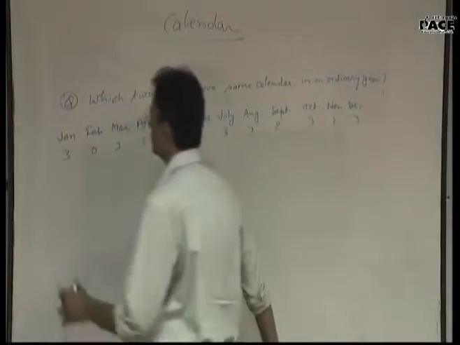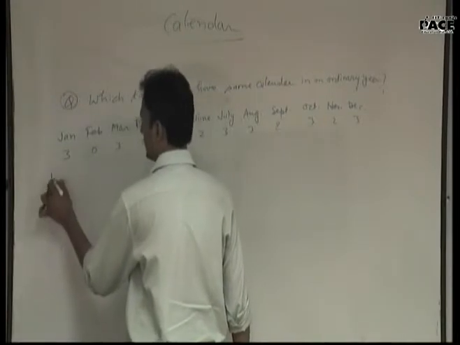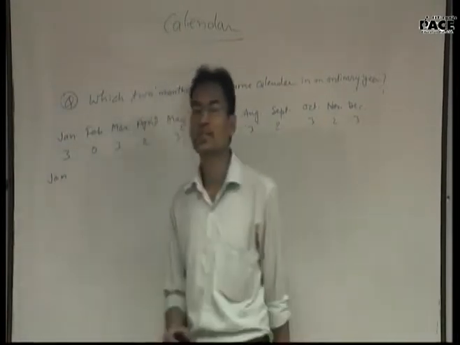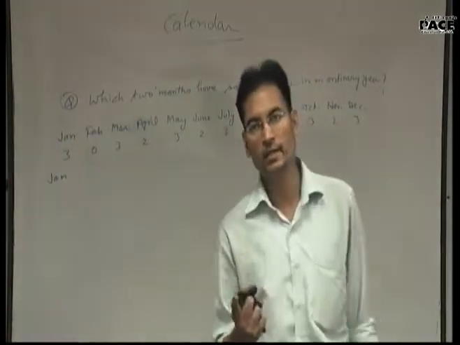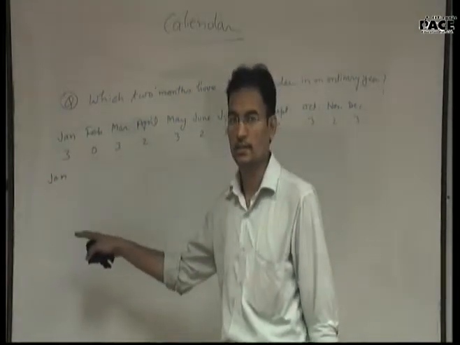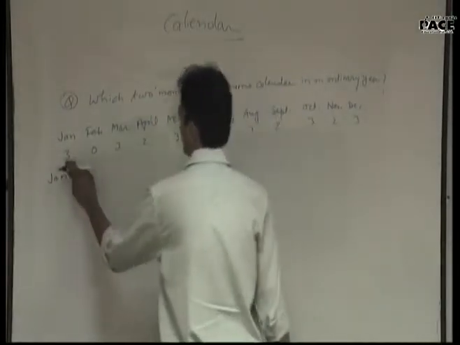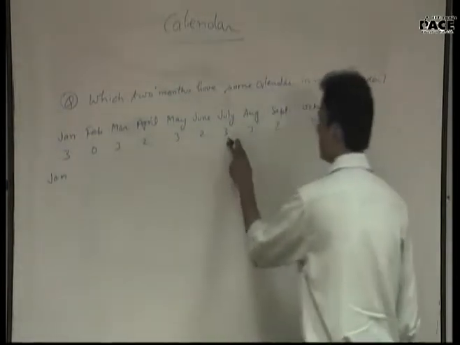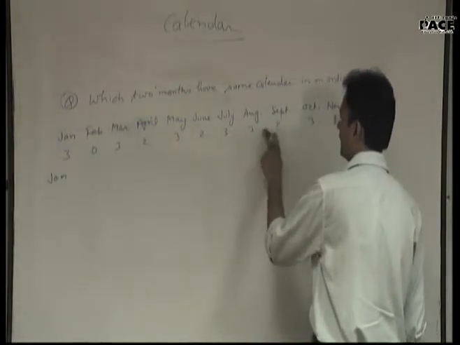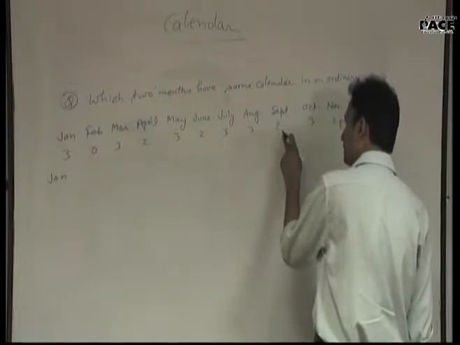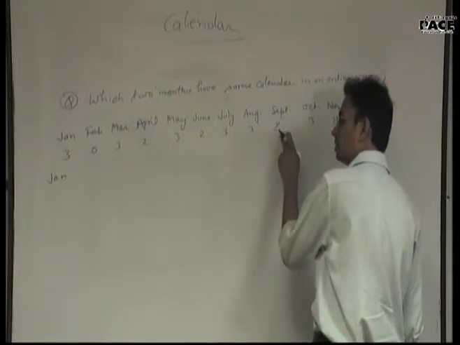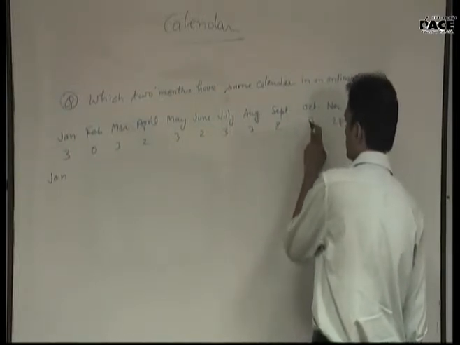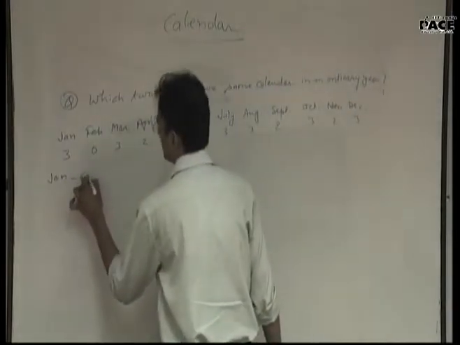Now, with Jan, which next month will follow the same calendar as Jan? Cumulatively 3, 6, 8, 11, 13, 16, 19, 21. So here we have 0 odd days, so October will start the same as Jan.